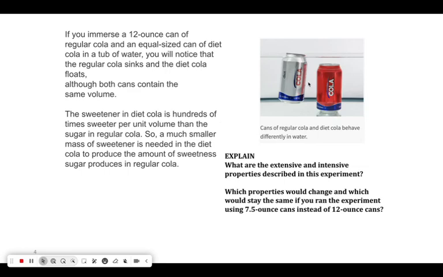Would the volumes of the sodas change? Would the density of the soda itself change? Would the sweetness of the soda change? Which of those properties depend on the amount of soda you have?